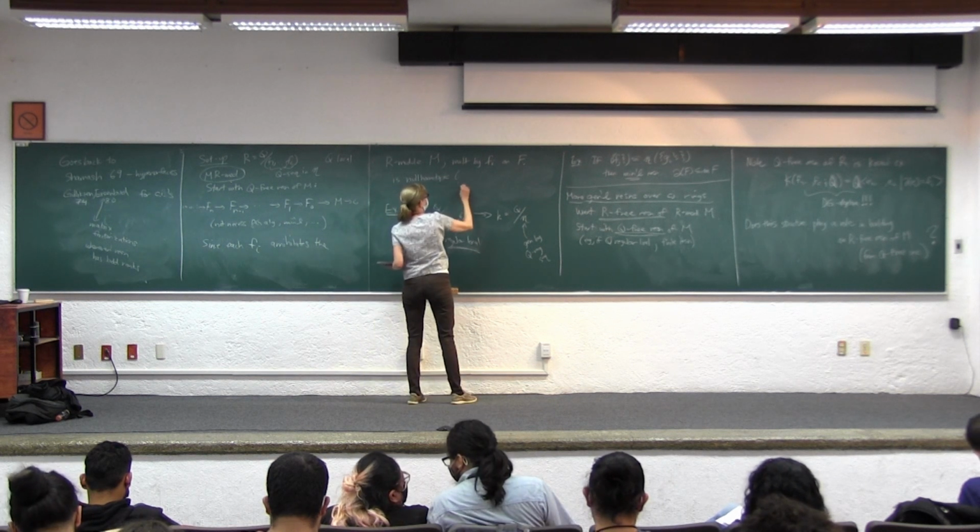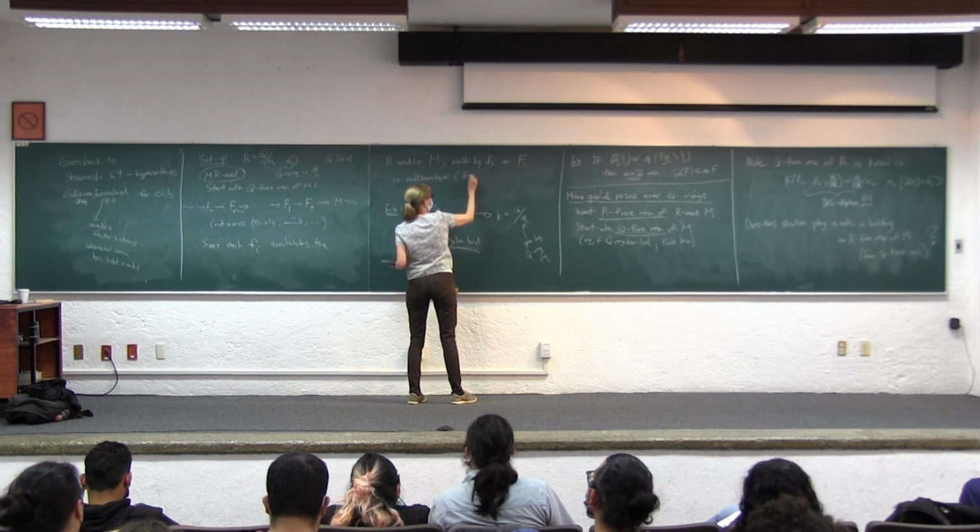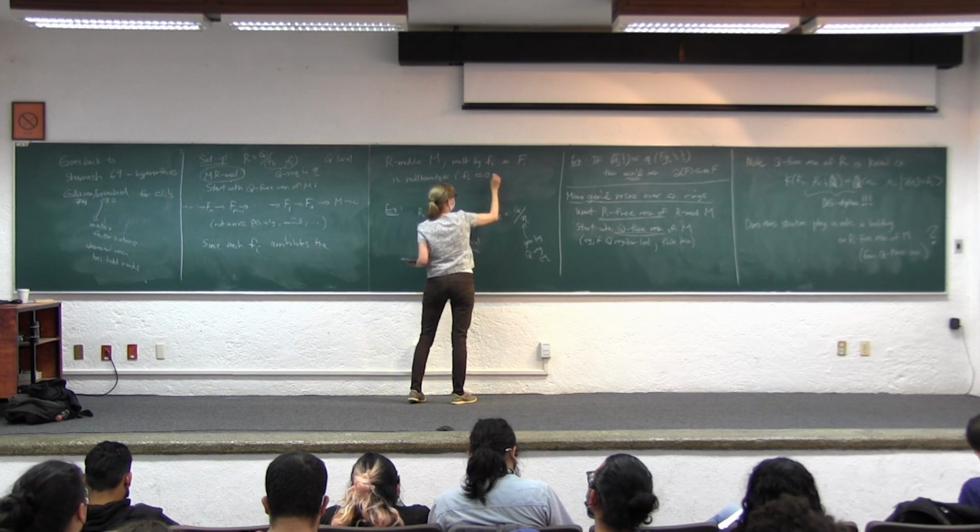So that means multiplication by Fi is homotopic to the zero map.